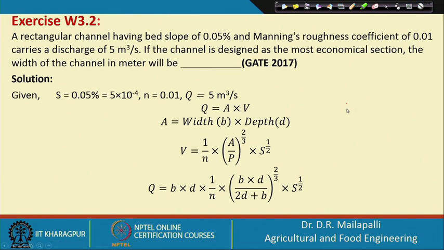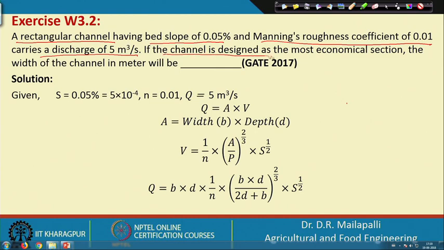Okay. And the next exercise, because in this week we introduced the open channel measuring devices. Here a rectangular channel having a bed slope of 0.05% and Manning's roughness coefficient of 0.01 carries a discharge of 5 meter cube per second.